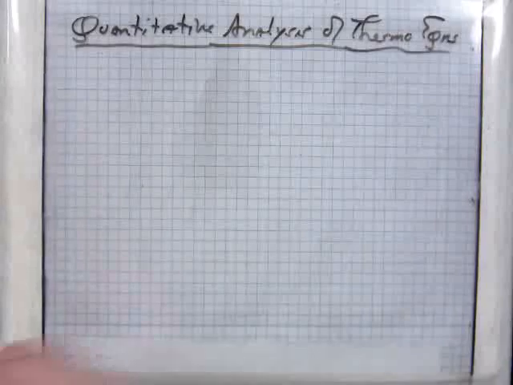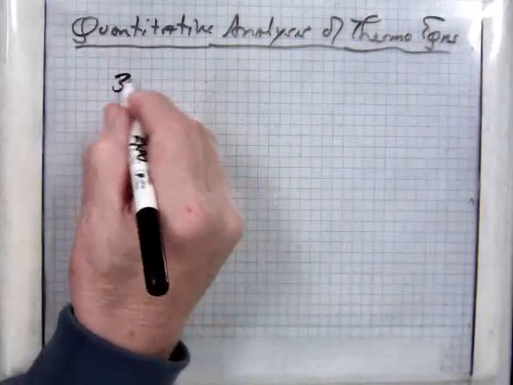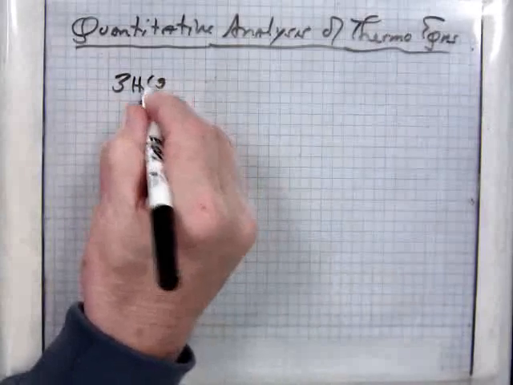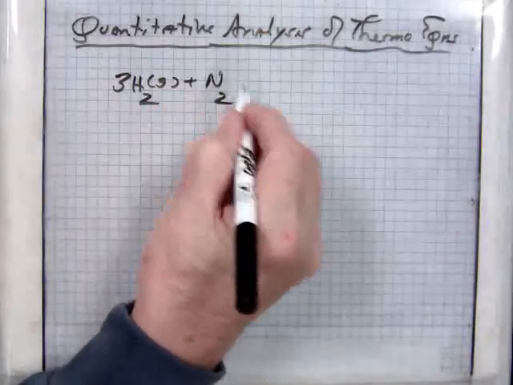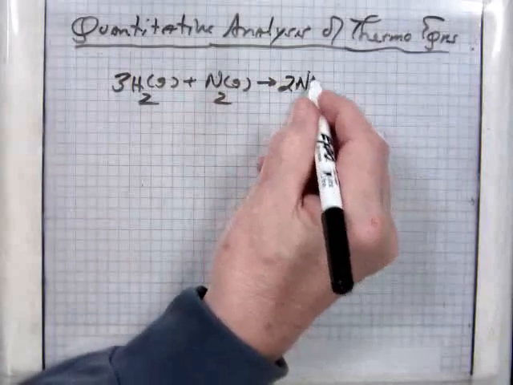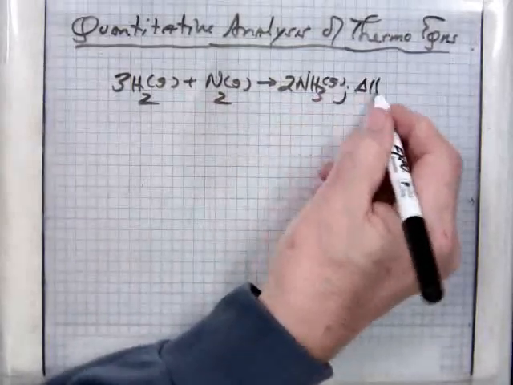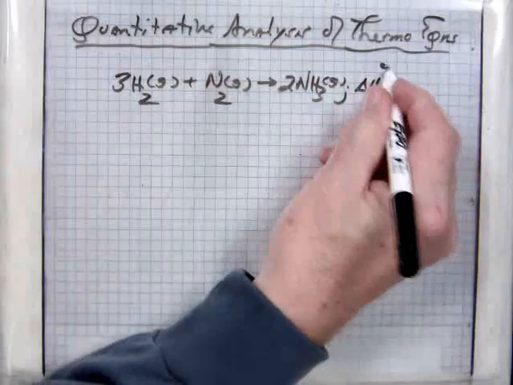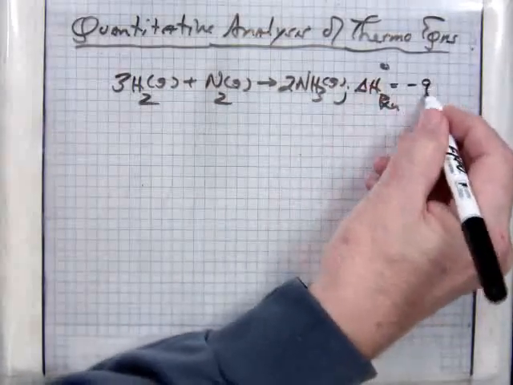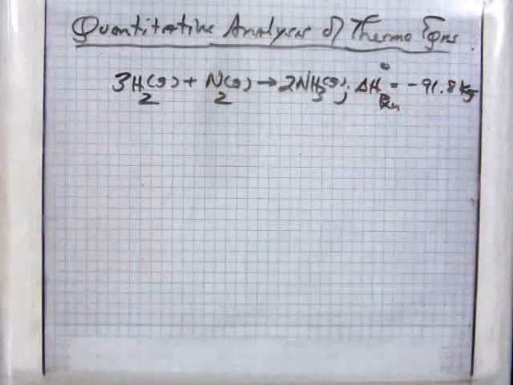Now, let's start with the equation 3H2 as a gas plus N2 as a gas goes to 2NH3 as a gas, and delta H of the reaction, as we've seen, is a minus 91.8 kilojoules. So that's what we're given.